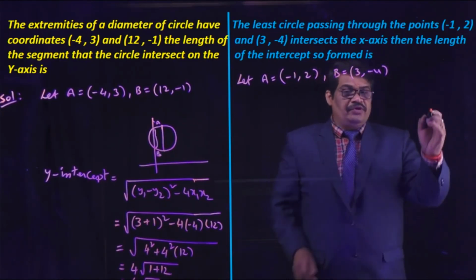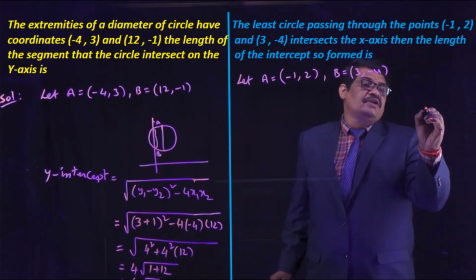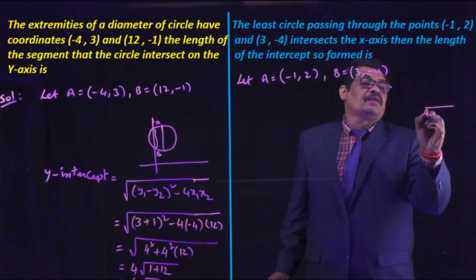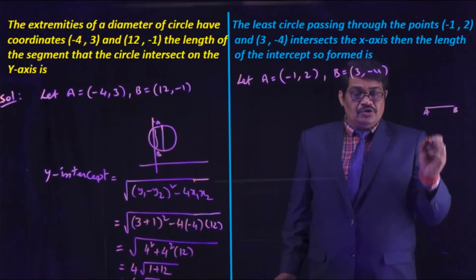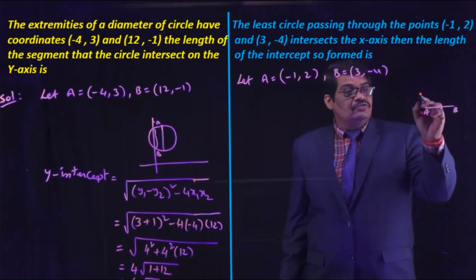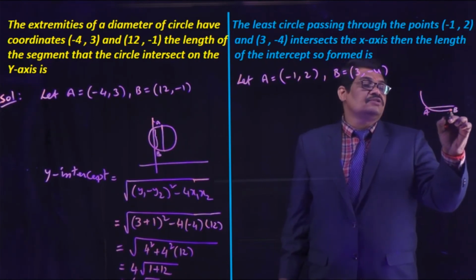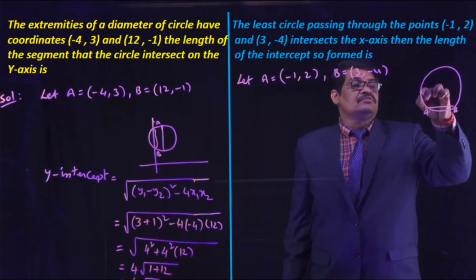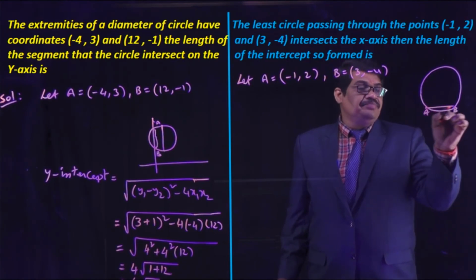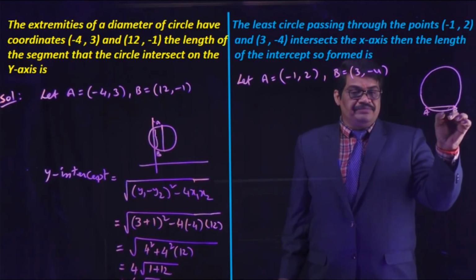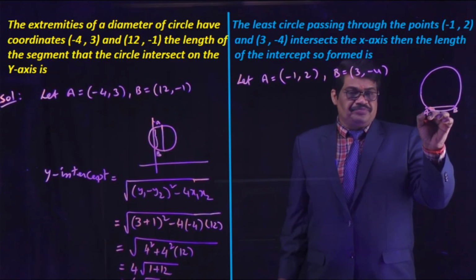If you take these as the given 2 points A and B, and take some circle passing through them, this is the chord AB and this is the circle.